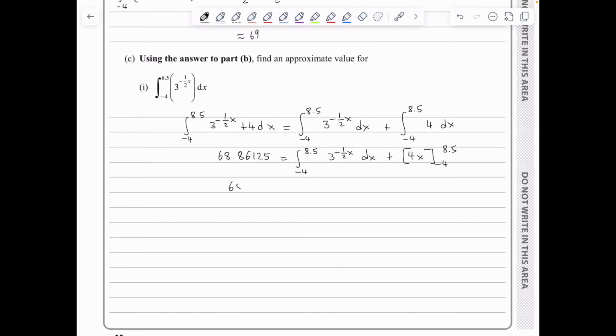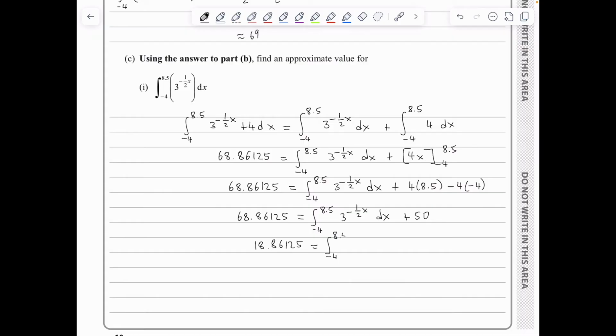So 68.86125 is the integral from minus 4 up to 8.5 of 3 to the minus a half x dx plus 4 times 8.5 minus 4 times negative 4, which leads to 68.86125 is the integral from minus 4 up to 8.5 of 3 to the minus a half x dx plus 50, and therefore this leads to 18.86125 to be the integral from minus 4 up to 8.5 of 3 to the minus a half x dx.